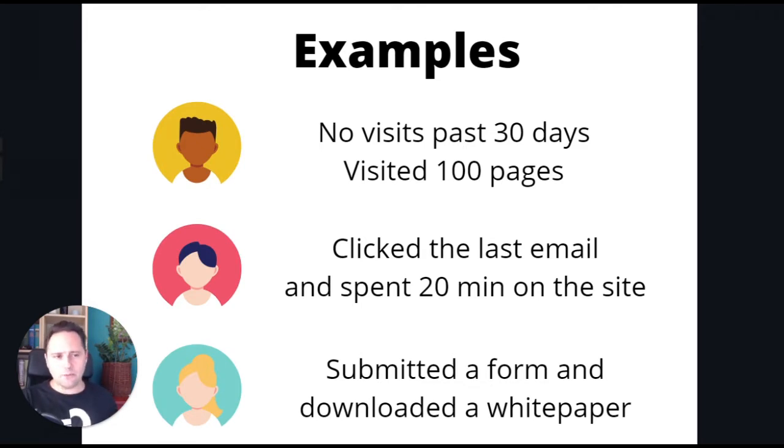Or you can find people who clicked the last email and started to look for stuff on your website. For example, they spent 20 minutes, maybe they checked your pricing, maybe they checked your contacts, but never wrote an email. So you can identify these people. Or they submitted a form and downloaded the white paper. So you are ready to work on them, you're ready to communicate with them.